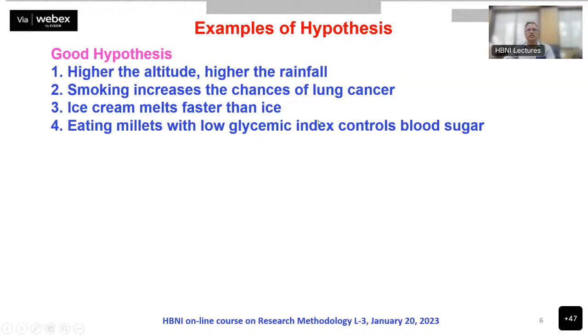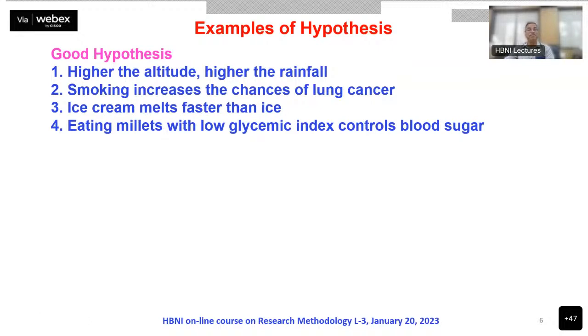Smoking increases the chances of lung cancer. It is a good hypothesis. You can take the data of several people who smoke and see their health. Of course, this requires a long-term study. It is not 1 year, 2 years, maybe 10 years, 20 years. People have spent a lot of time on this kind of hypothesis. Ice cream melts faster than ice. You can do an experiment at home.